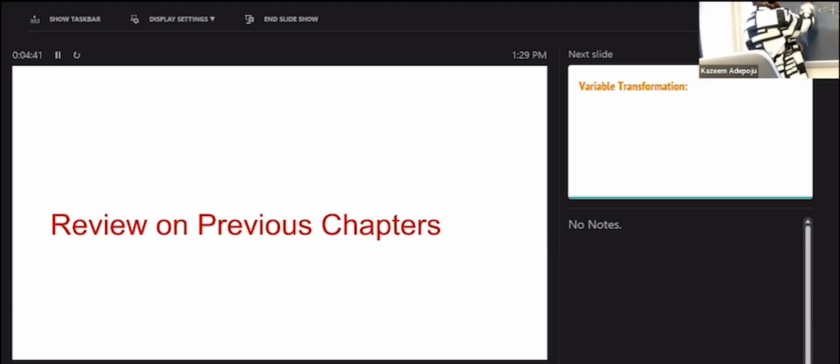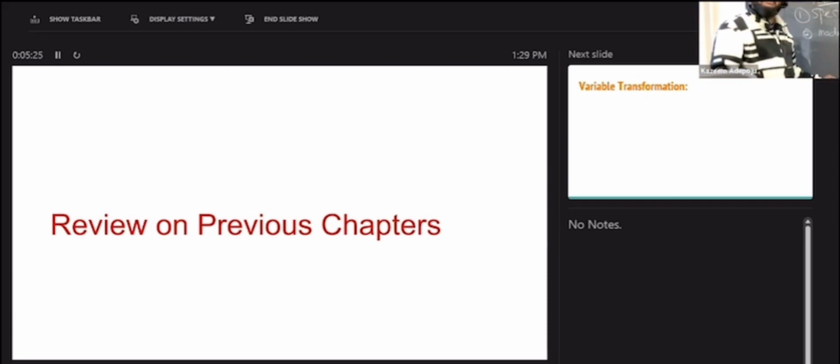So when I talk about the 4-step process in modeling in general, number 1, we specify our model. Number 2, when you have specified your model, the next thing is model estimation.